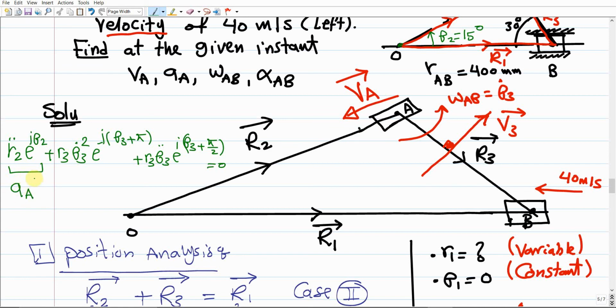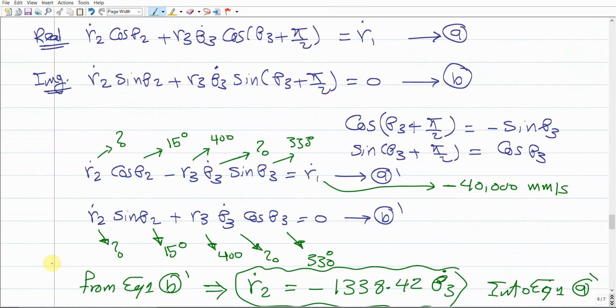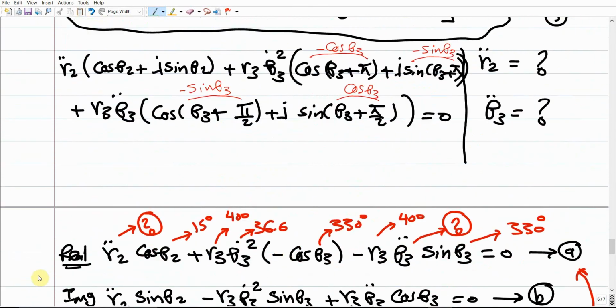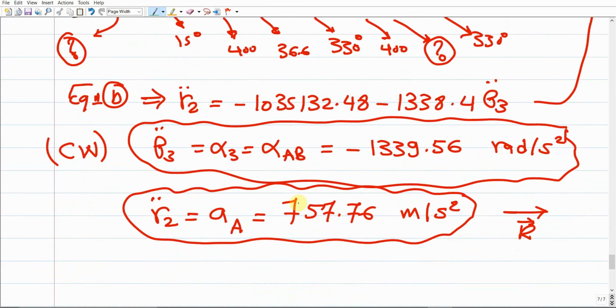And the acceleration vector of the slider A should be parallel to R2, either in the same direction or in the opposite direction, but anyway it would be considered parallel to R2. From the acceleration analysis, we already got R2 double dot with a positive value.